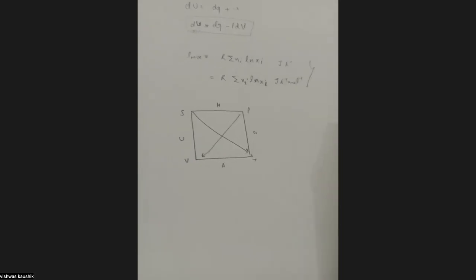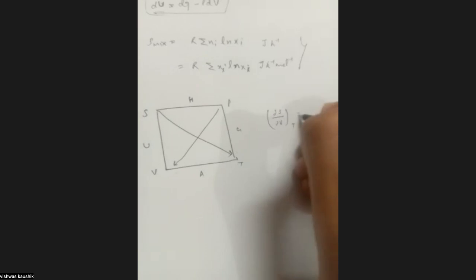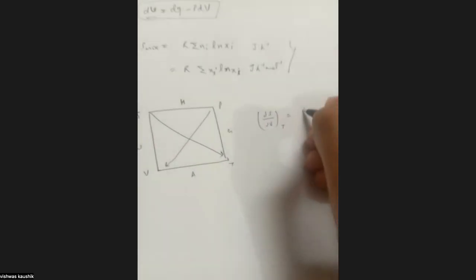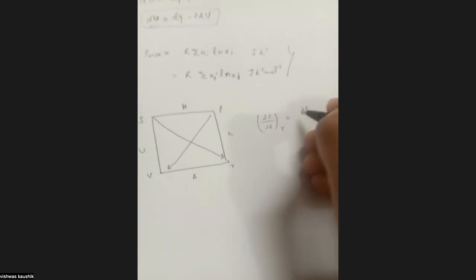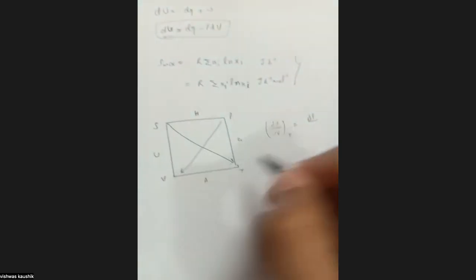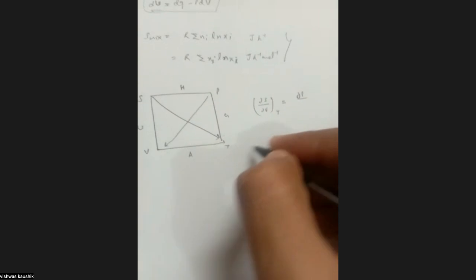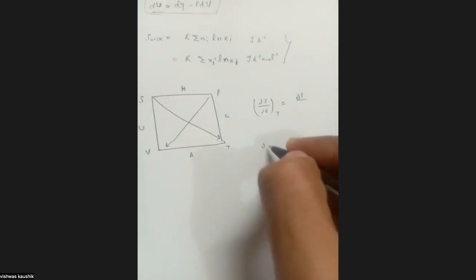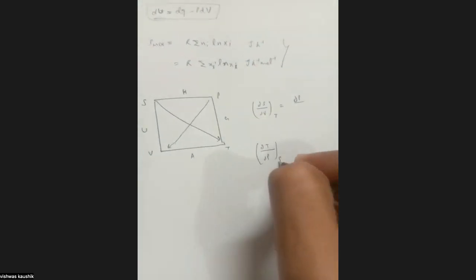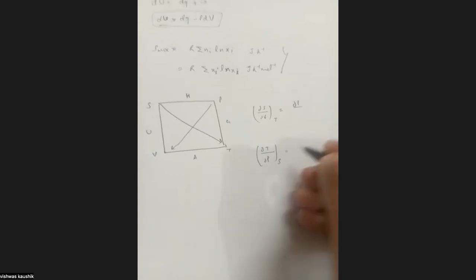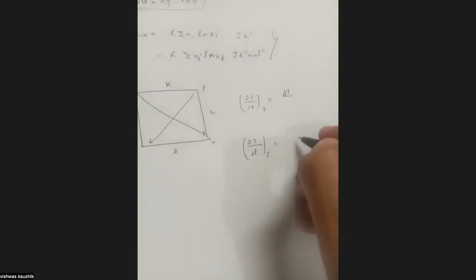If we start with the first Maxwell relation, it is (∂T/∂P) at constant S equal to (∂V/∂S) at constant P. So this is the first Maxwell relation.